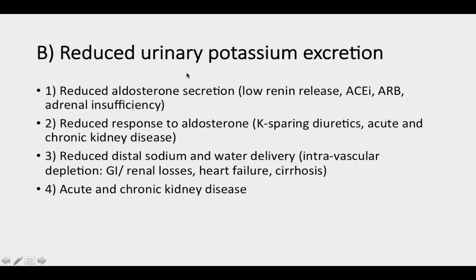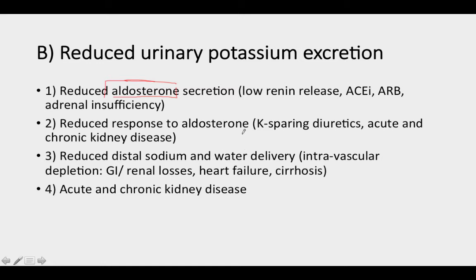So what about causes of reduced potassium excretion? And as I said before, aldosterone is really the key here. It's that hormone secreted by the adrenal glands that acts to put more sodium channels on the principal cells in the collecting duct and more sodium-potassium ATPase pumps on the basolateral surface of those cells to allow more potassium out, more sodium in.